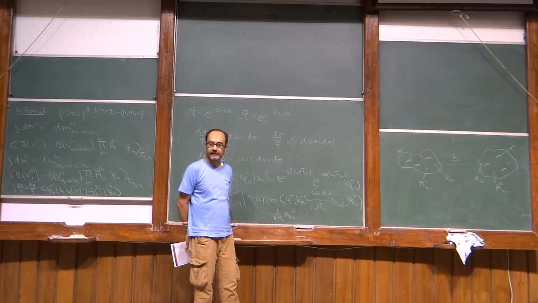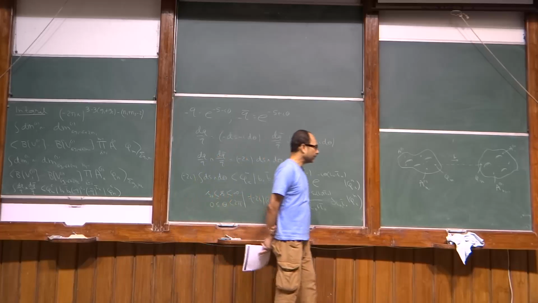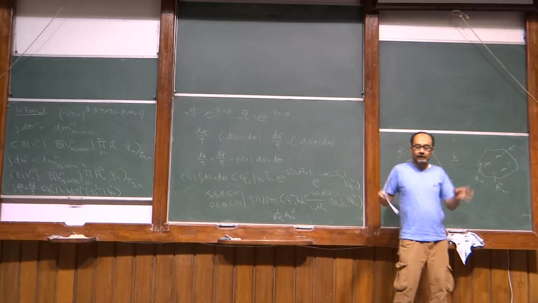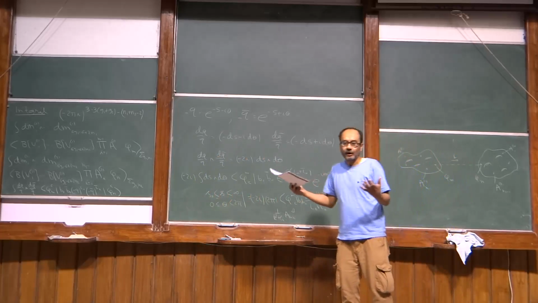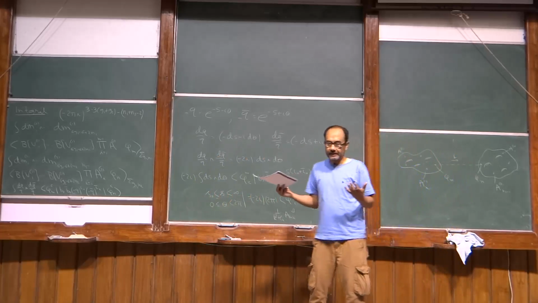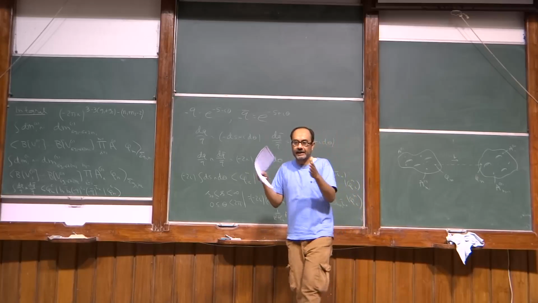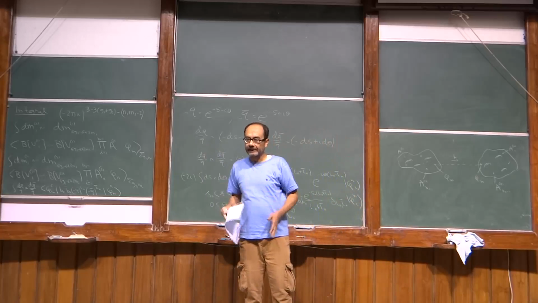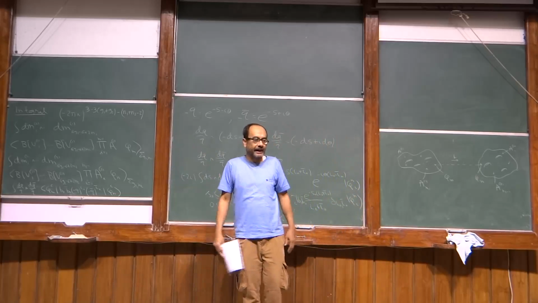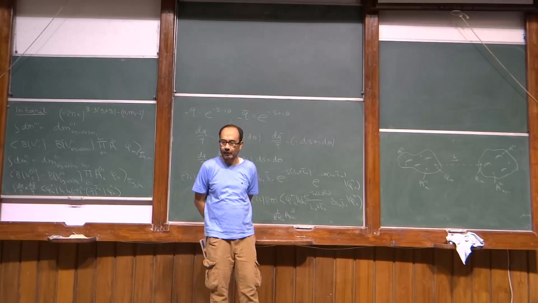Is this clear? So let me repeat what we have done. We have used this plumbing fixture to generate a section of the higher genus Riemann surface, and we have not generated the whole section, we have generated part of the section, because we integrated s from 0 to infinity. Of course, you can take s to be negative, which will also cover other parts of the moduli space.